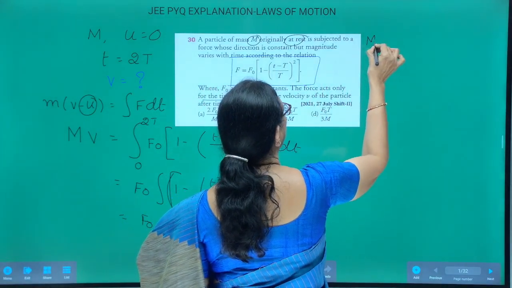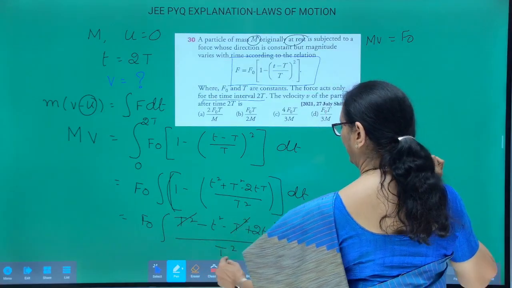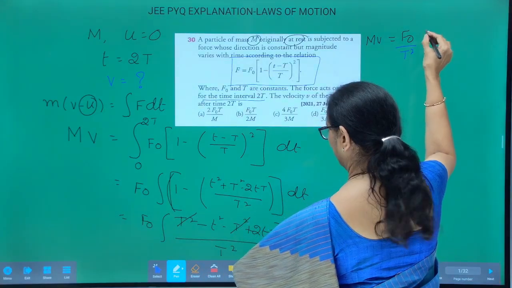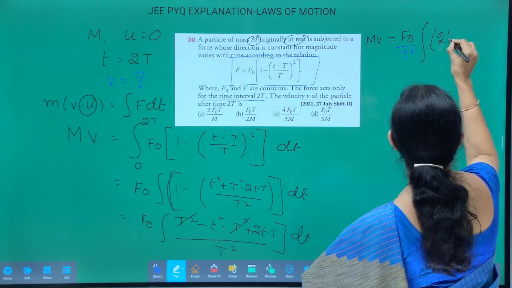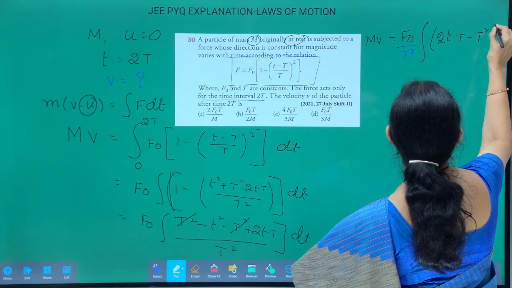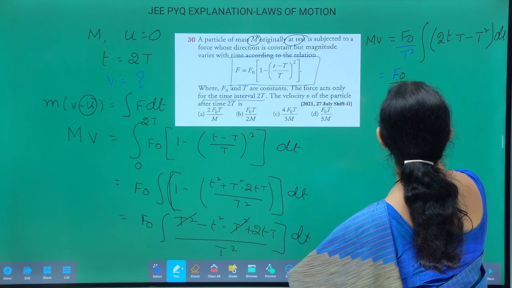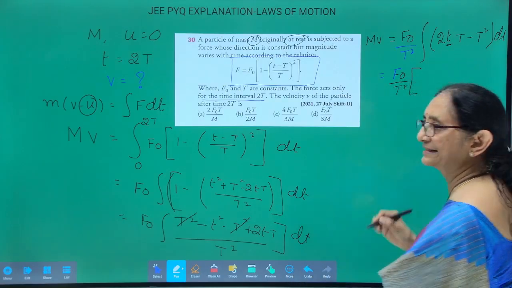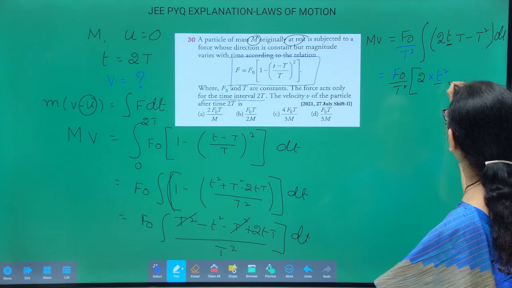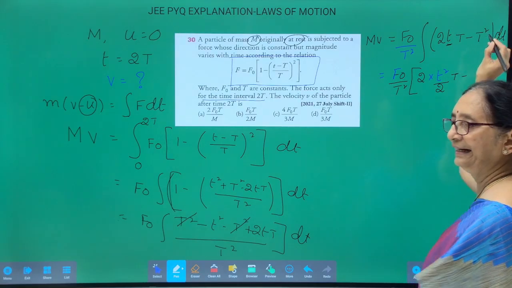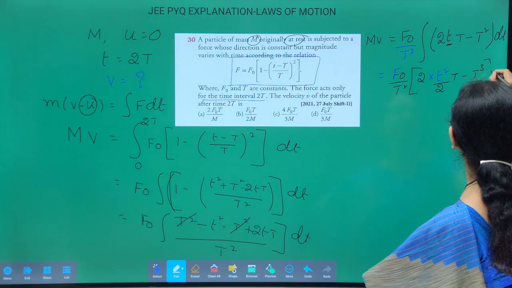So, m into v is equal to F0 by T square integral of (2tT minus t square) dt. So, this is F0 by T square, integral of t is t square by 2, so 2T into t square by 2, and integral of t square is t cube by 3.